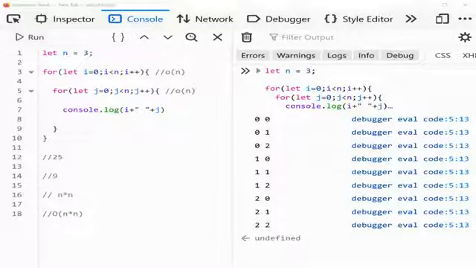Okay. So you can speak now. Okay. So Ravina, here my n equals to 3. Am I audible?